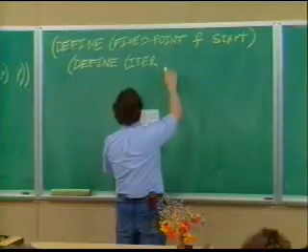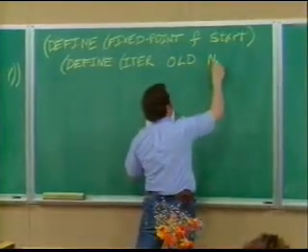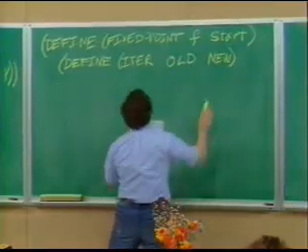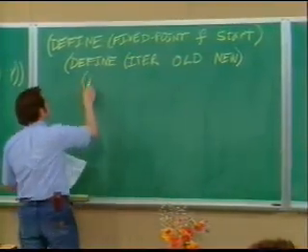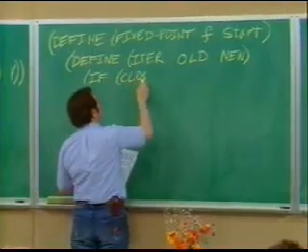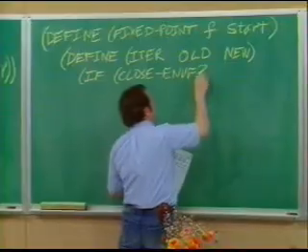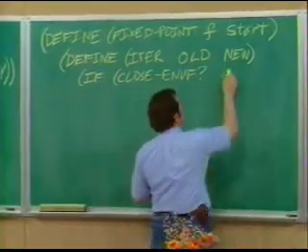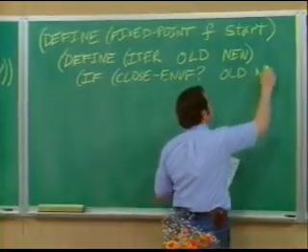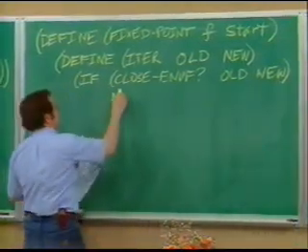So, the old value and the new value, if I can't distinguish them, if they're close enough, we'll have to worry about what that is soon, then let's pick the new value as the answer.